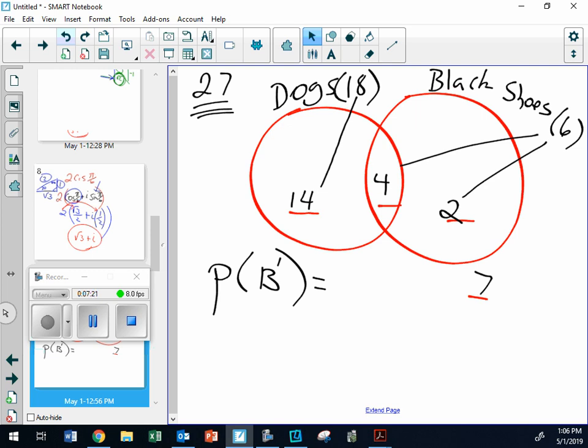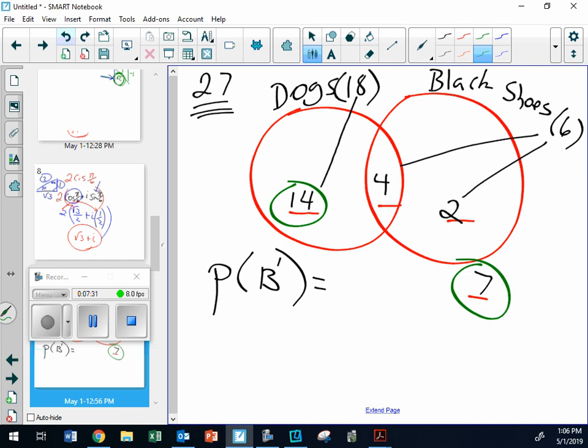I just said, what's the probability I will pick somebody with not black, as in not black shoes. And therefore, it's these 2. Those are the ones that are possible. No, sorry, those are the ones that I wanted, out of 27. So 21 out of 27, raise your hand if you had that one right. Awesome.